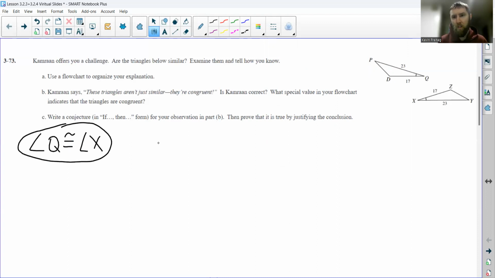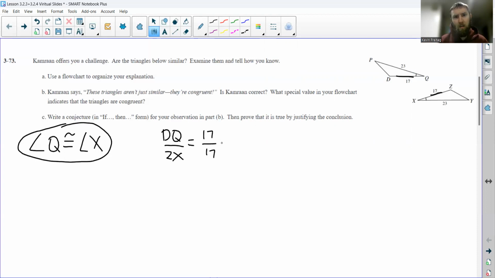I also think we need to talk about the ratio of some corresponding side lengths, because remember, the sides in similar shapes are supposed to be proportional. So for example, if I look at the side DQ divided by the side ZX, those are corresponding sides in these triangles. That'd be this one here along with this one here. Hopefully you can notice that both of those are marked as 17.